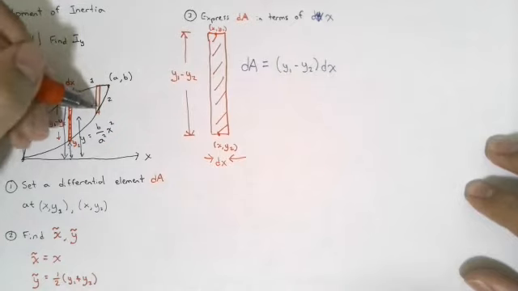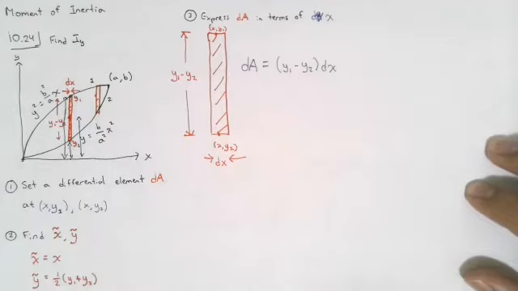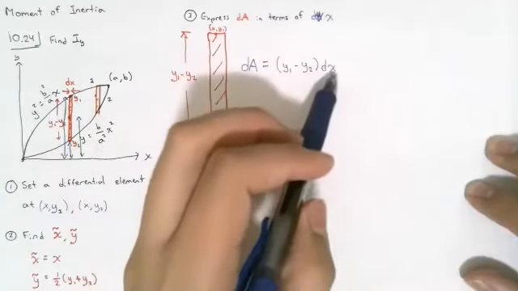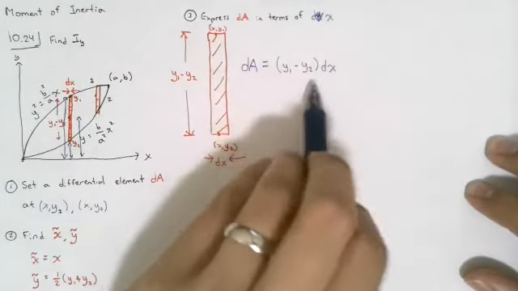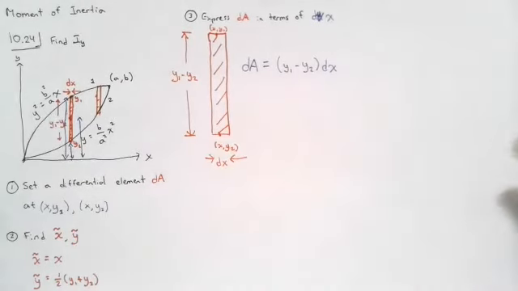What that means is that because these two are not constant, they change, we need to express them in terms of our differential dimension. Here our differential dimension is dx, therefore y1 and y2 need to be expressed in terms of that dx. So how do we do that?